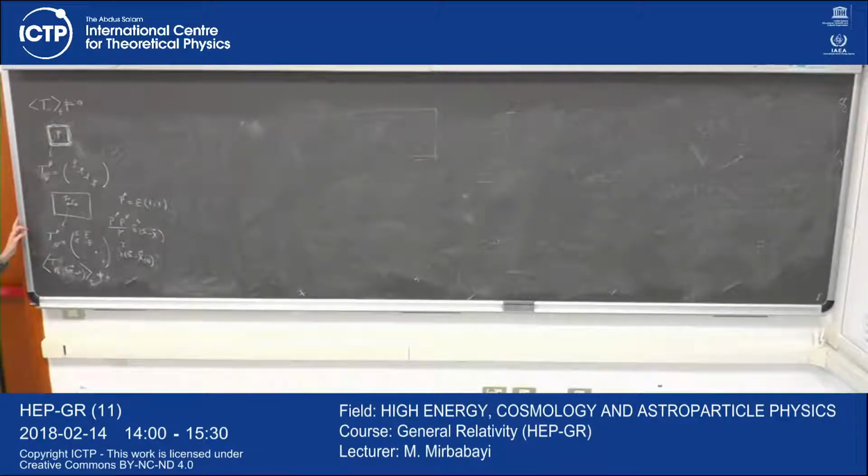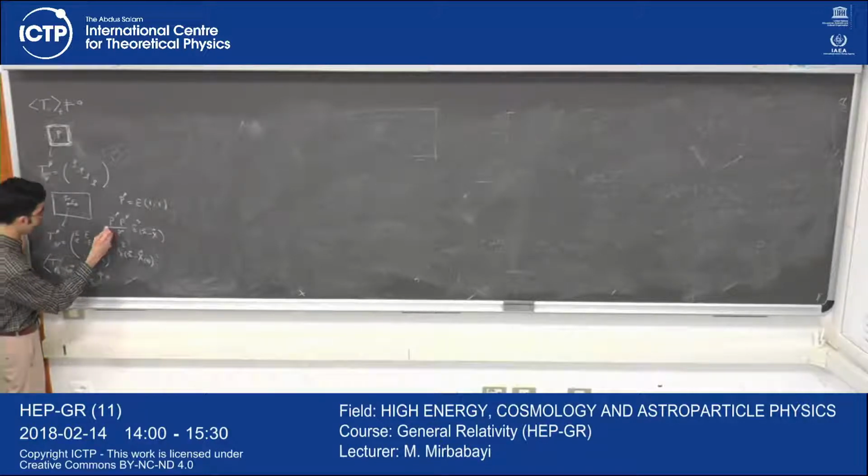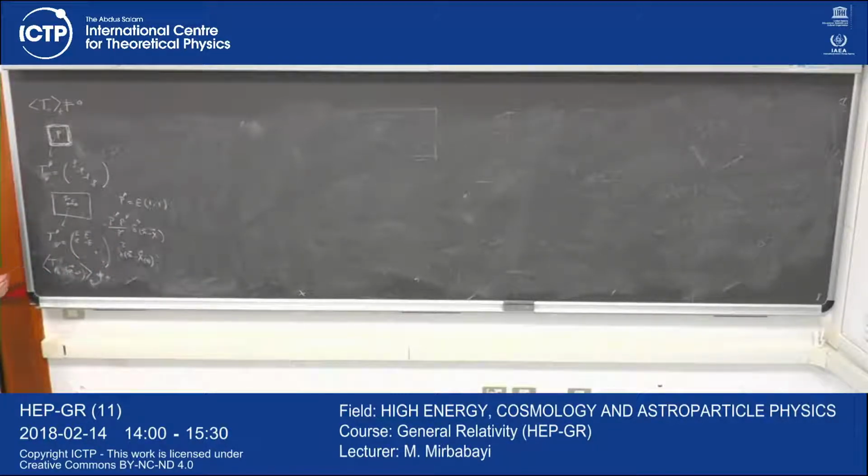So it always comes with the same sign. I think there will be a minus sign here to get the signs right. But this is just an example of this gas. If I put many of these photons moving in random directions, then the orthogonal elements cancel, and I get equal diagonal elements which give the trace.